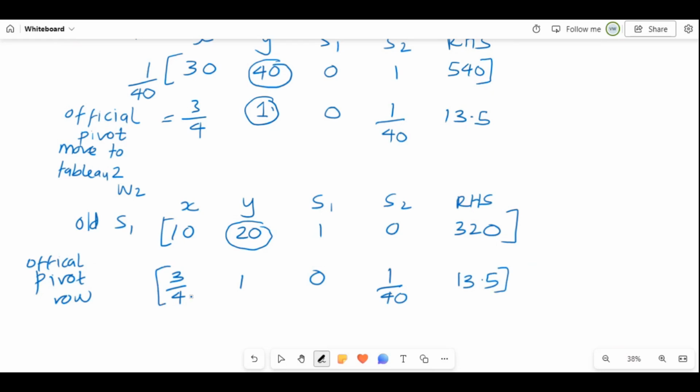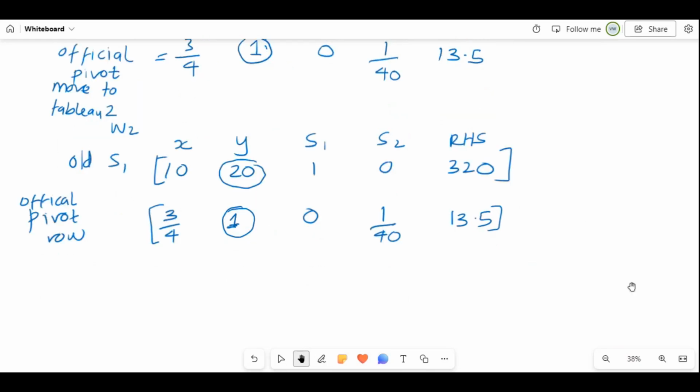So if this is the official pivot row, remember we are using the pivot element 1 as a basis of making this to be 0. So it means we have to multiply this 1 by a certain value so that when we add or subtract, we end up with 0.